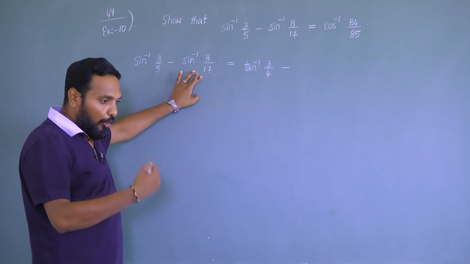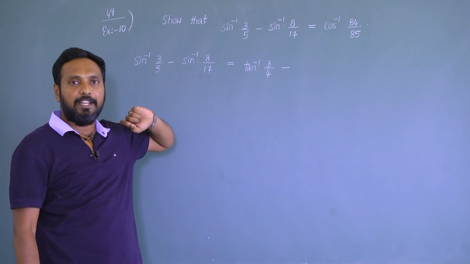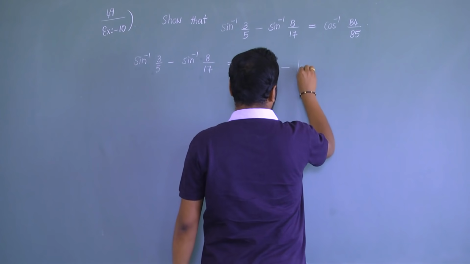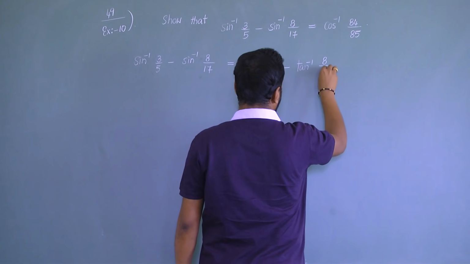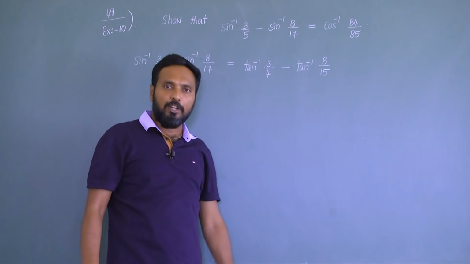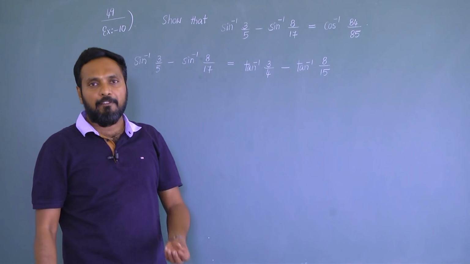Already you have learnt about right angle triplets in your trigonometry concept of first year. So it is tan inverse of 8 by 15. Tan inverse x minus tan inverse y formula is tan inverse of x minus y by 1 plus xy.